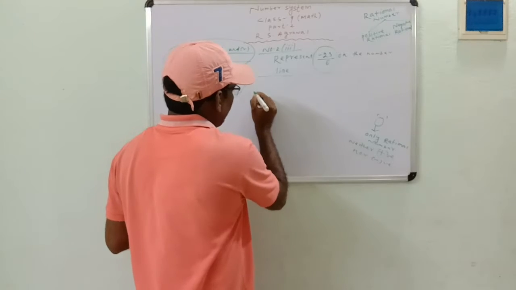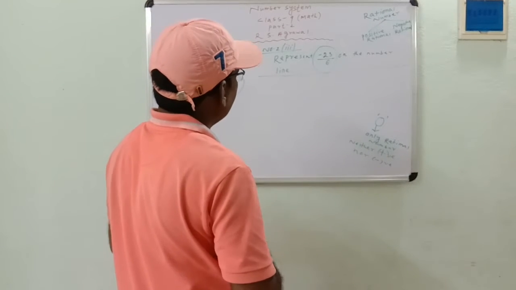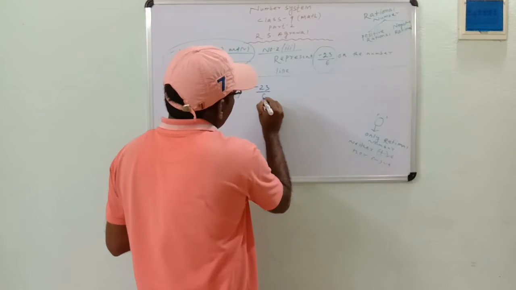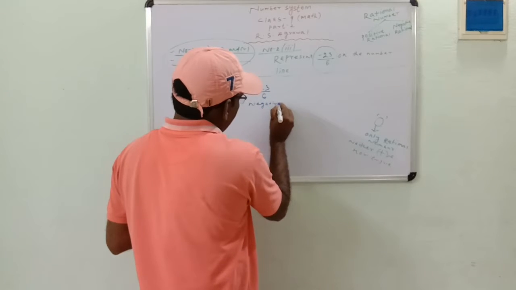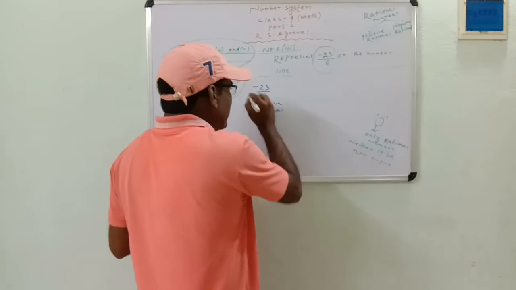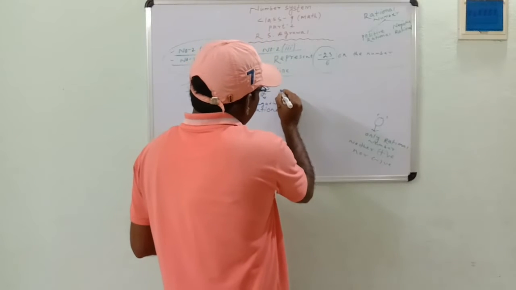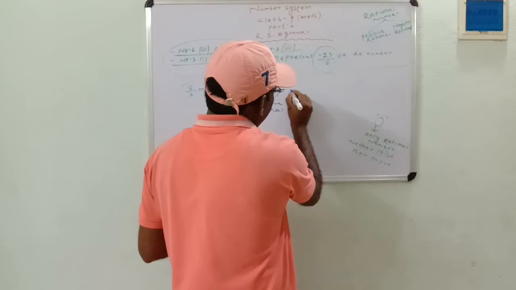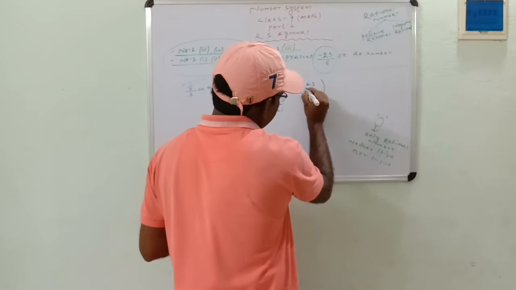Minus 23 by 6 is a negative rational number. But if you consider it as a fraction, you can simply call it the negative of 23 by 6.